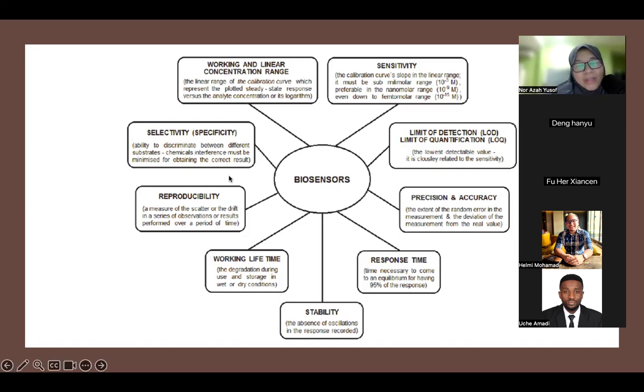This is very difficult. Even though we are working with supposedly very selective things, like DNA, antibody, and other proteins, they do interfere.